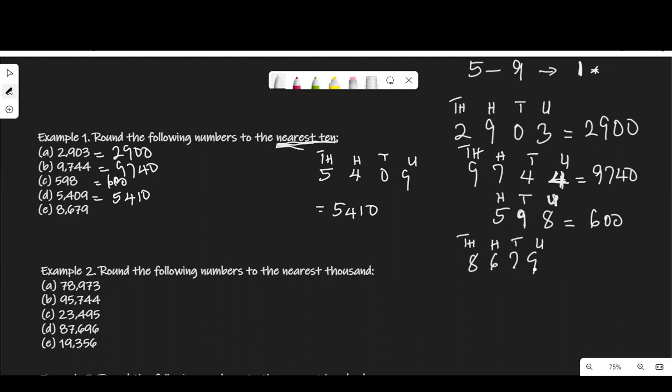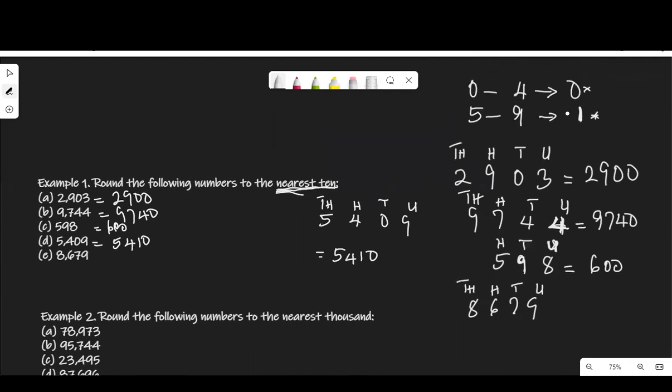The next digit to it is 9. And 9 rounds to what? To 1. Add the 1 to 7, which is 8. So this number to the nearest 10 is 8680. And that brings us to the end of example 1.